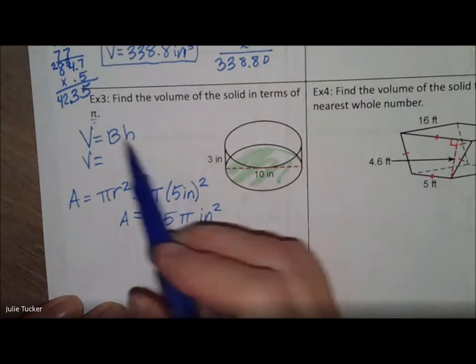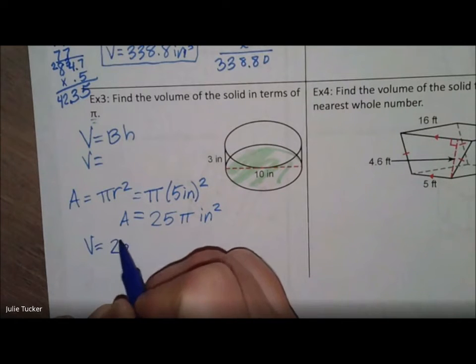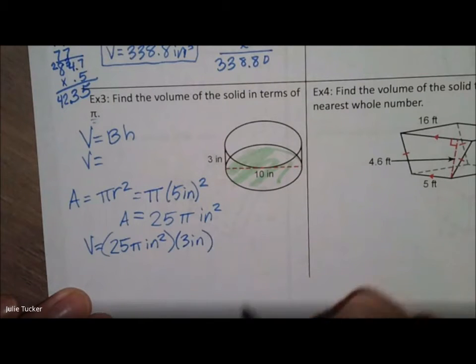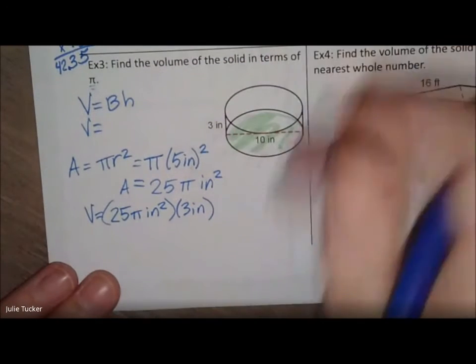So that is going to go here for the B, right? Just write it below. And then what is the height of the cylinder? Good. So now we just have to multiply 25 times 3.